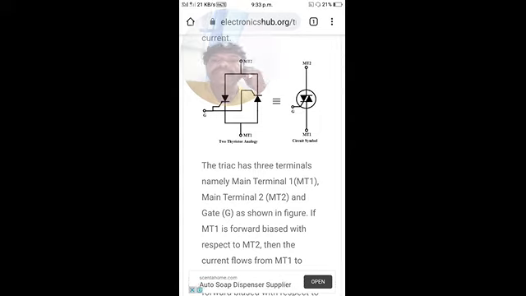Coming to the construction, the triac has three terminals, MT1, MT2 and gate.